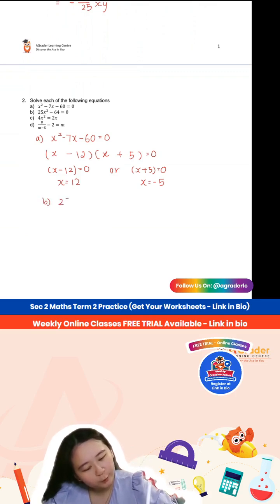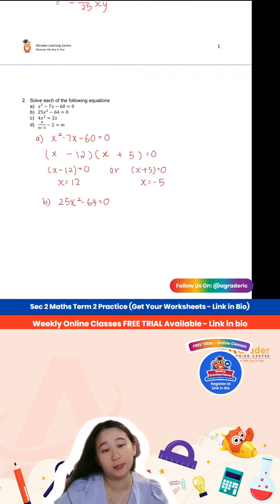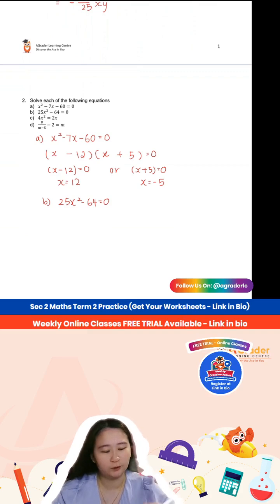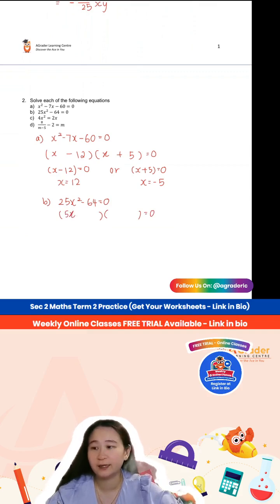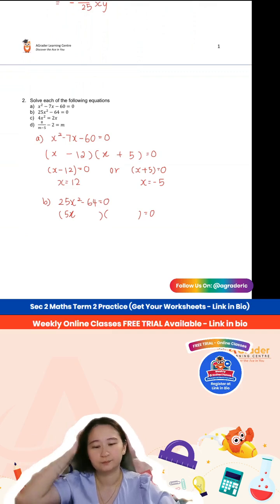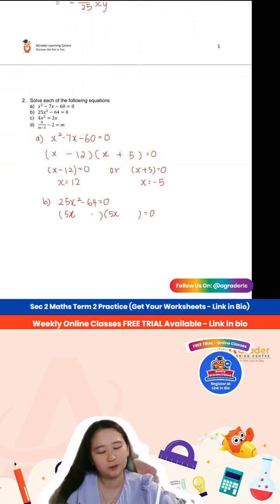Part B, we have 25x squared minus 64 equals to 0. So we can see that 25x squared and 64 are square numbers. So difference of 2 squares. So we can factorize. 25x squared, we square root, we get 5x. And then square root of 64 is 8, so minus and plus 8.